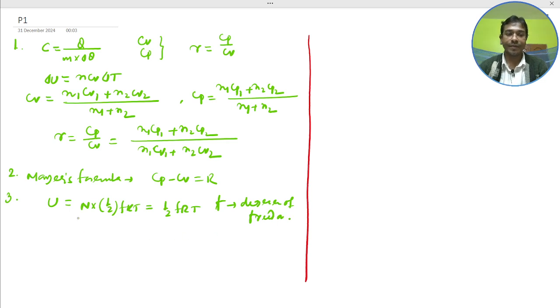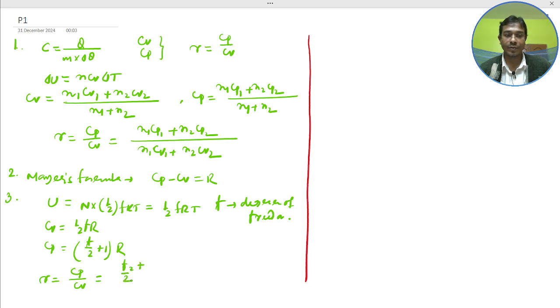Here Cv is half f R, and Cp is (f by 2 plus 1) into R.